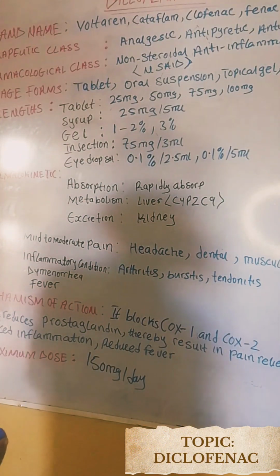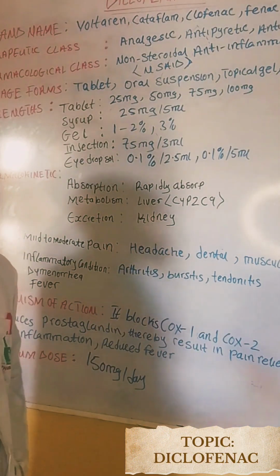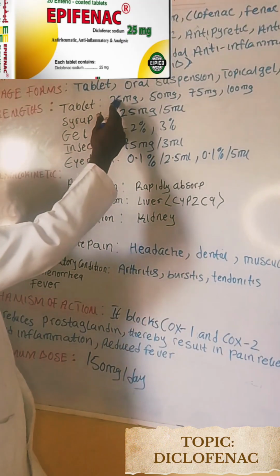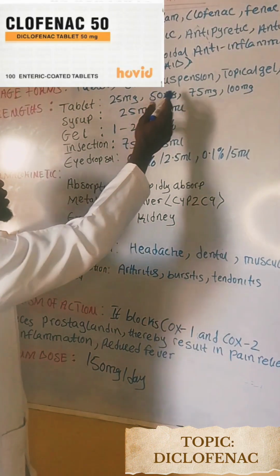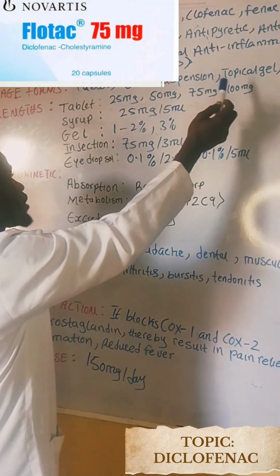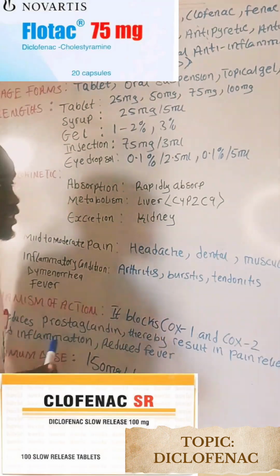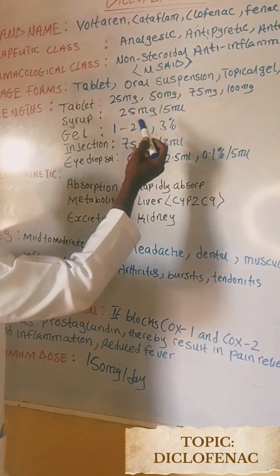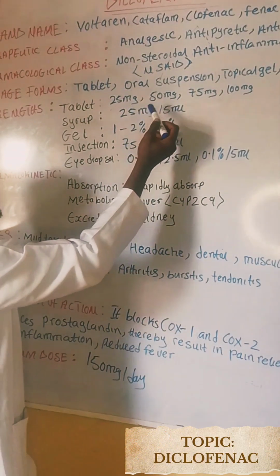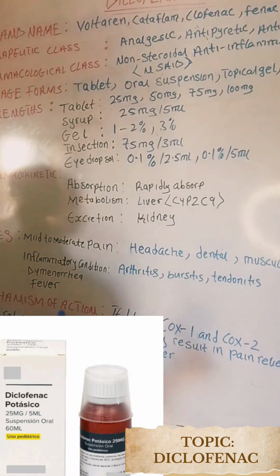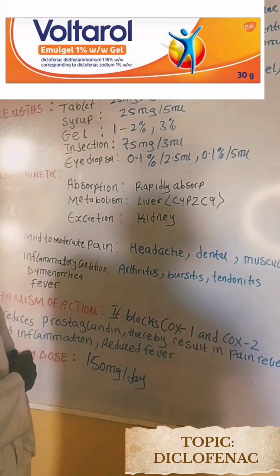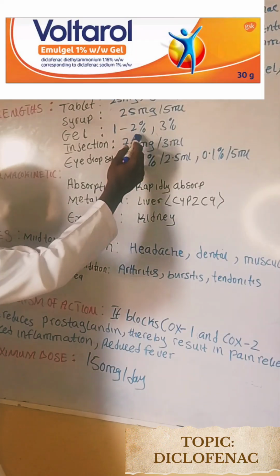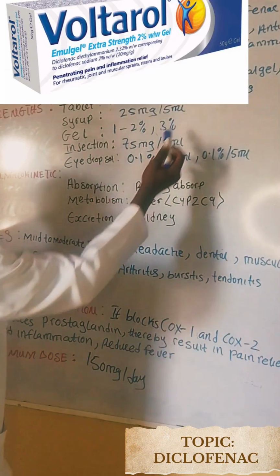And what are the strengths of diclofenac that have been produced? For tablets, we have 25 milligram, 50 milligram, 75 milligram, and we also have it in 100 milligram. And the syrups, the same as suspension, we have in 25 milligram per 5 mil, and the gels, which are rubbed on the external body, we have in 1 to 2%, and we also have 3%.